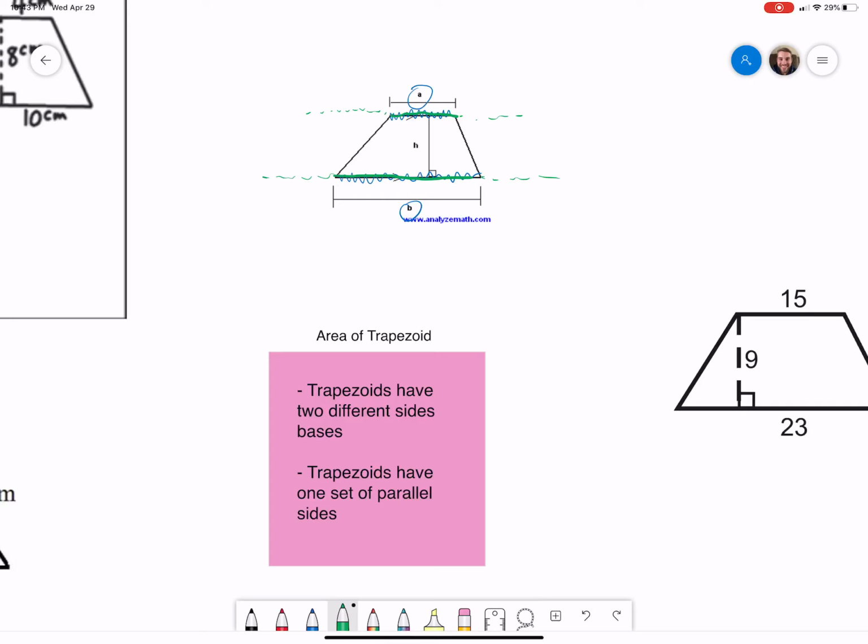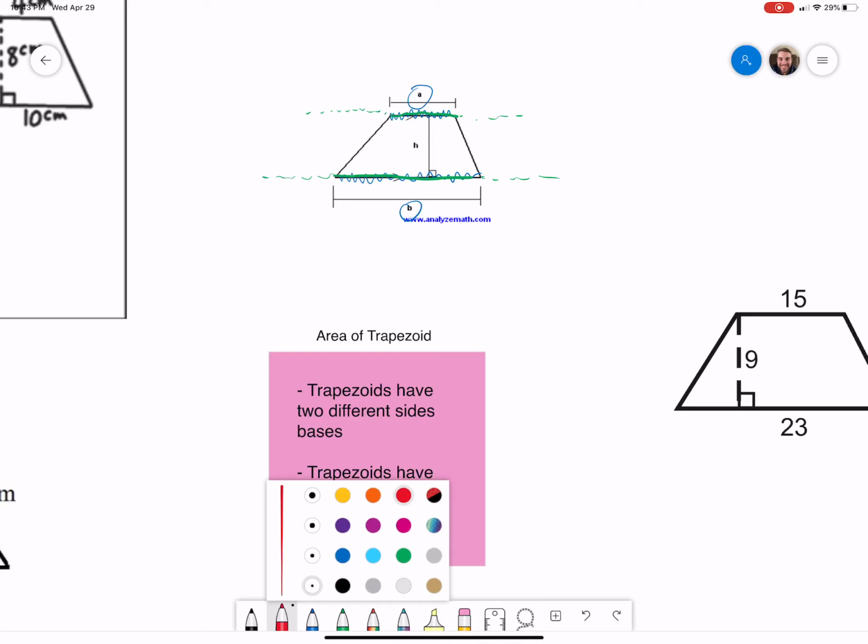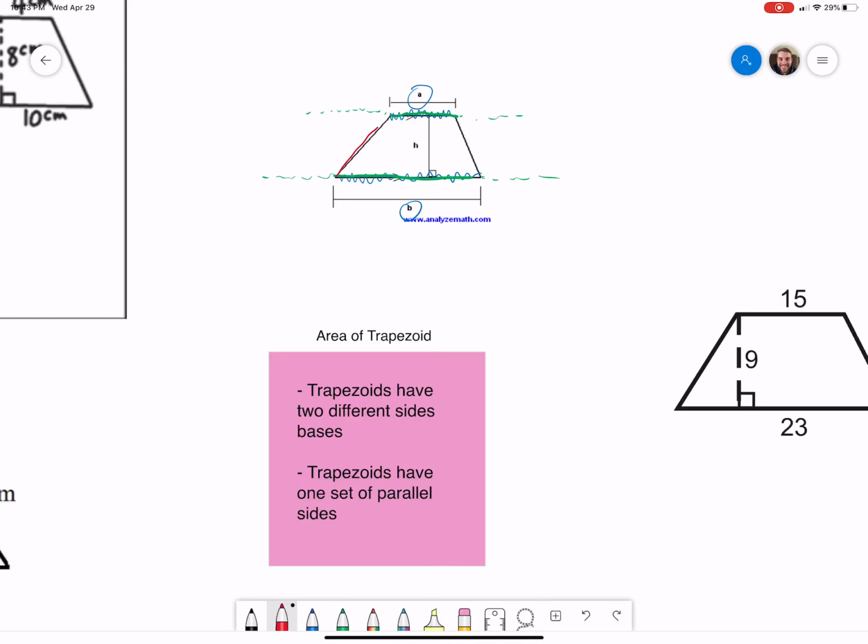The lines I'm coloring in red would touch if I extended them up here. Do you see how they would cross? That means they're not parallel. So a trapezoid has one set of parallel sides. That's why the area of a trapezoid looks a little different.